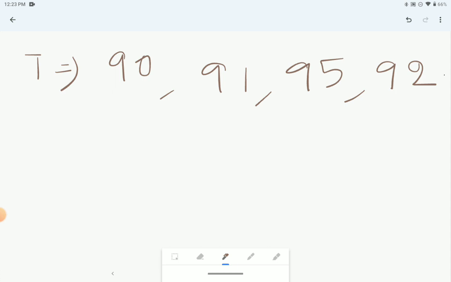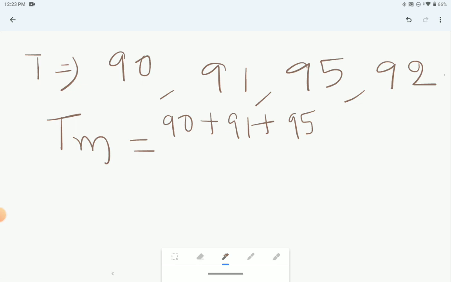So the formula of mean value or true value is the sum of all observations divided by n, the number of observations, that is, the sum of 90 plus 91 plus 95 plus 92. So these are 4 quantities.